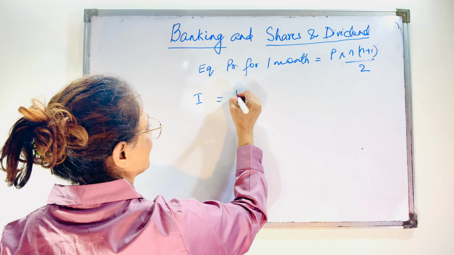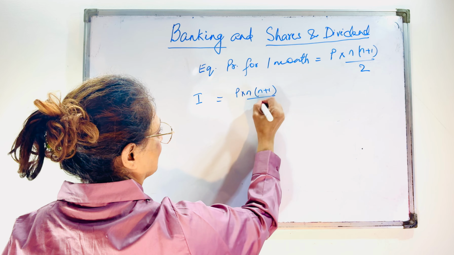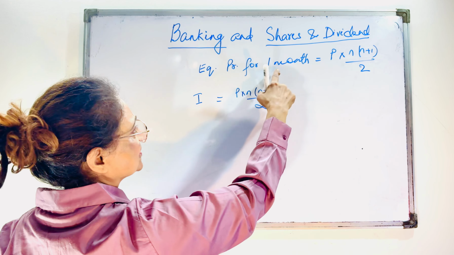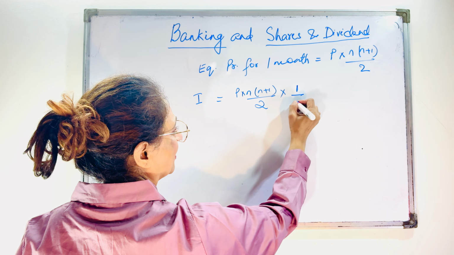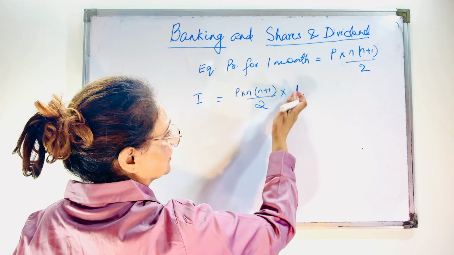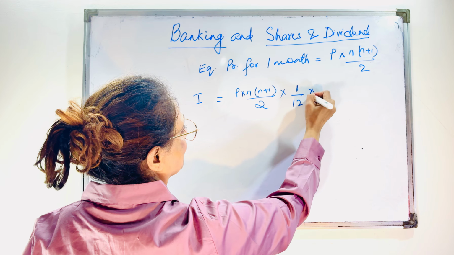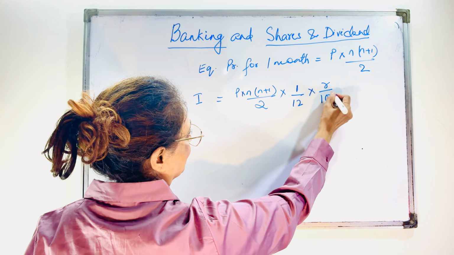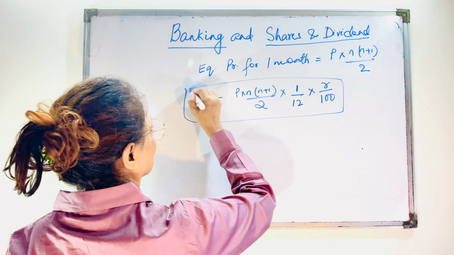This is P, time, as we said, is for 1 month. So if it is 1 year, it is 1 by 12 year for 1 month, and rate upon 100. Rate is a percentage. So this is the formula of interest.